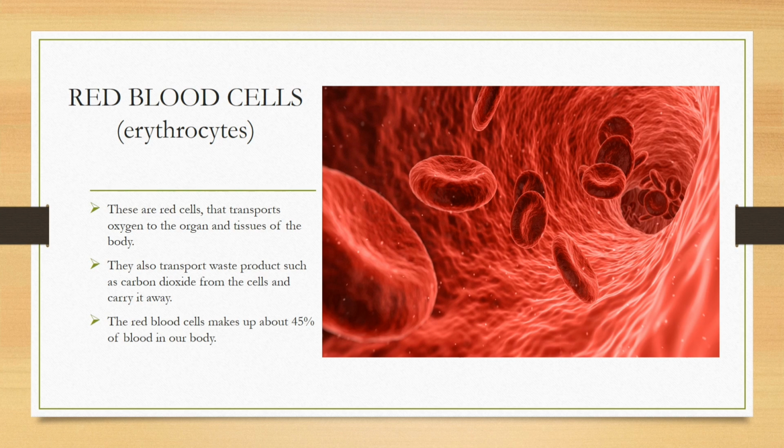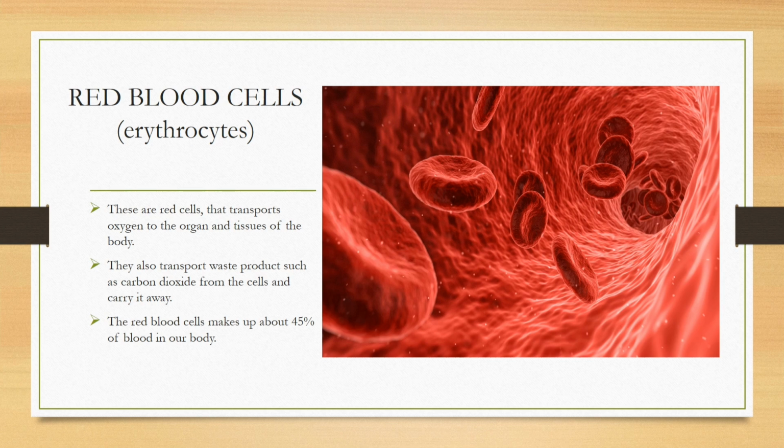Without oxygen, we cannot survive. No wonder we breathe in oxygen, then there are the lungs. Blood will reach the lungs, then it will collect oxygen and transport it to the body organs as well as tissues.